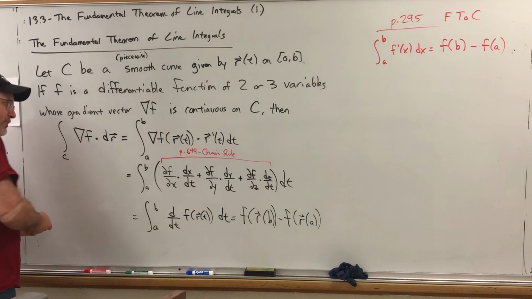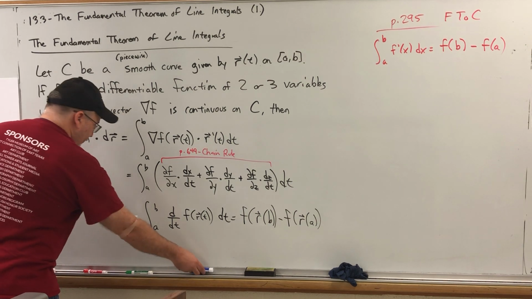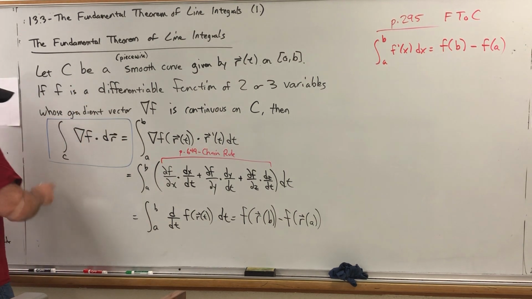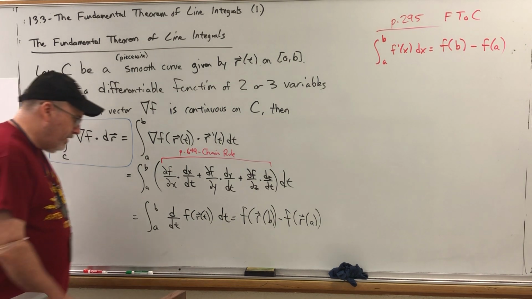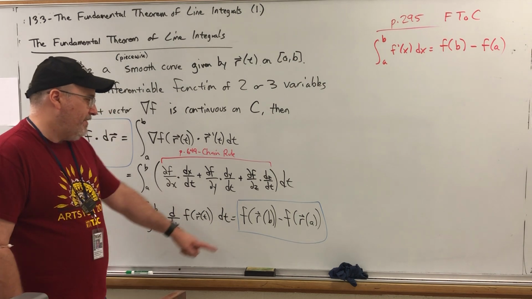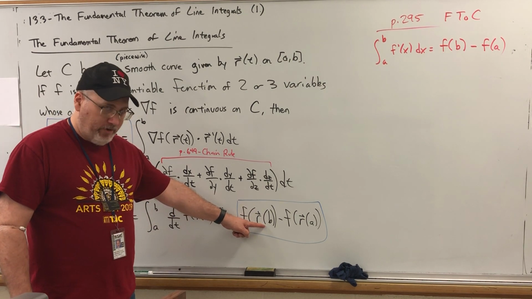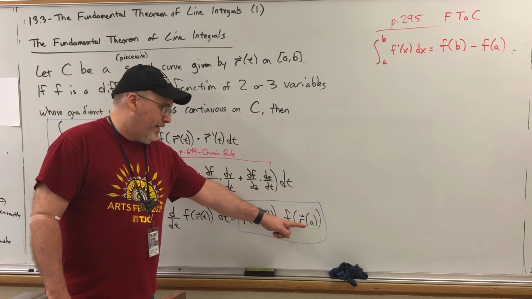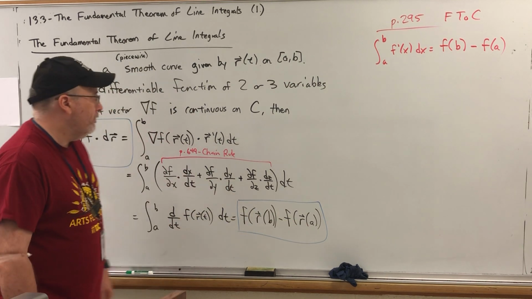And suddenly we got something that looks like the original Fundamental Theorem of Calculus. The line integral of a gradient is equal to the original function evaluated at the end point, the terminal point of the curve, minus the original function evaluated at the initial point of the curve.